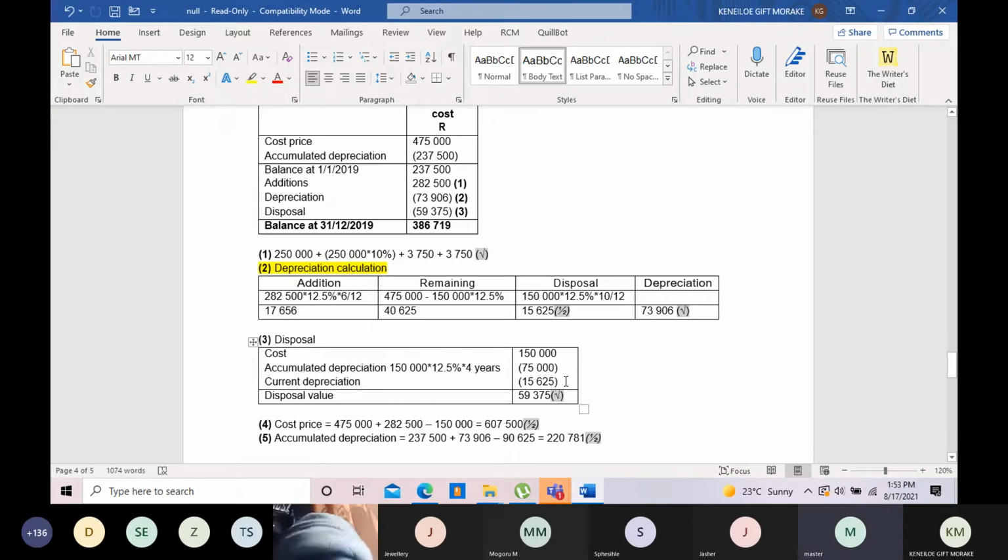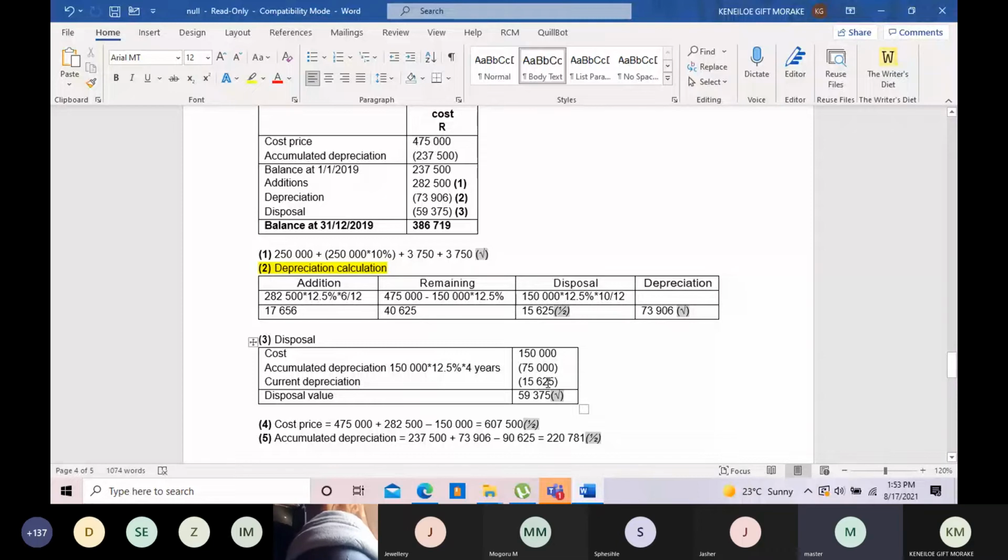Your combined depreciation: combine 75,000 and 15,625, you get 90,625. That is how you get this 90,000 here.